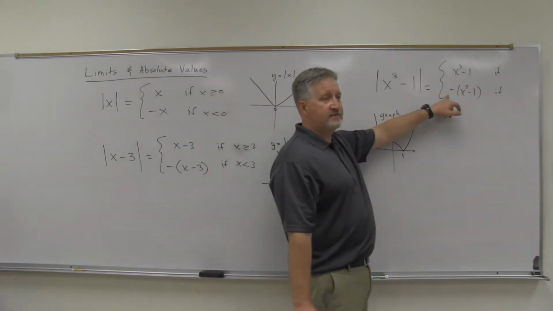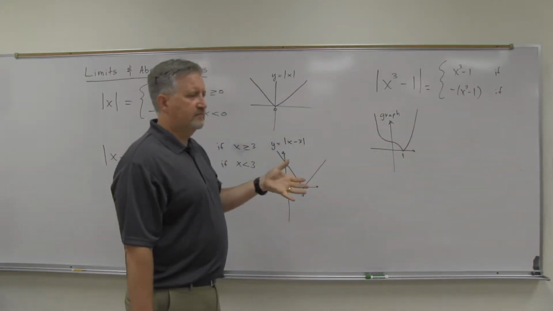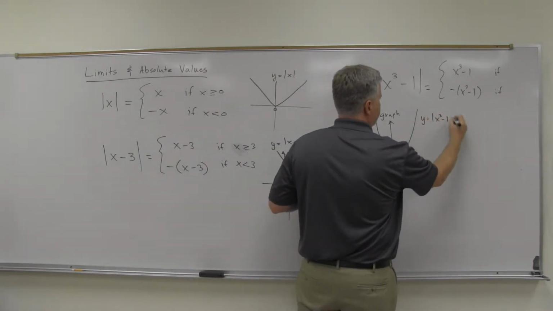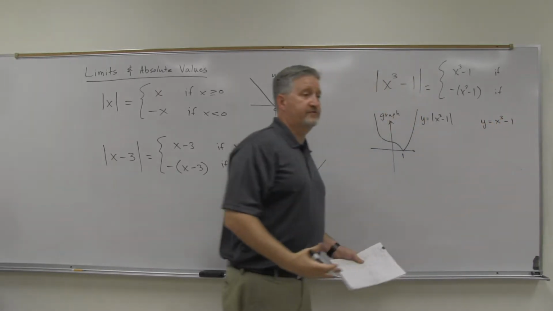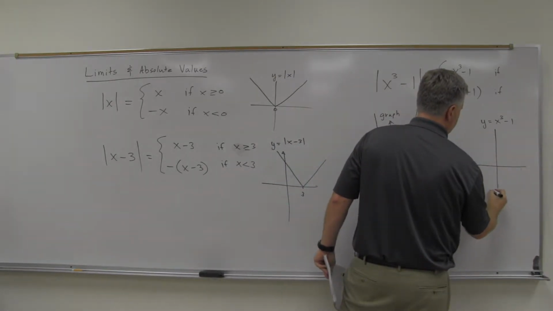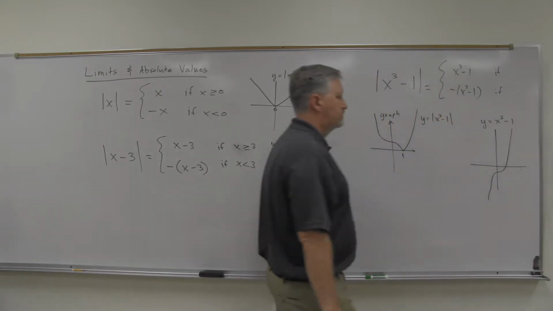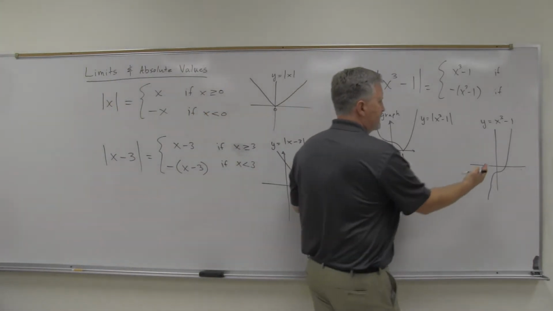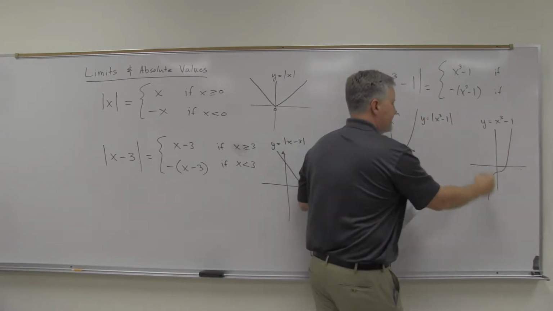The piece that gets the minus is the one that's flipped up. So this is y equals the absolute value of x cubed minus 1. If I graph y equals x cubed minus 1 without the absolute values, here's what it looks like. And so what I'm seeing is, when I go from this to this, this piece is down here.